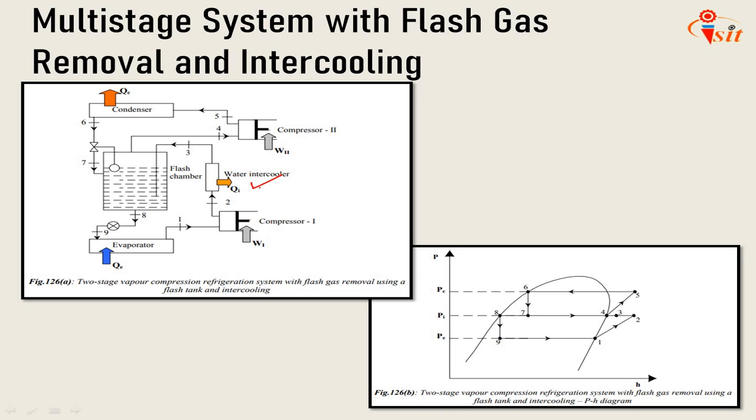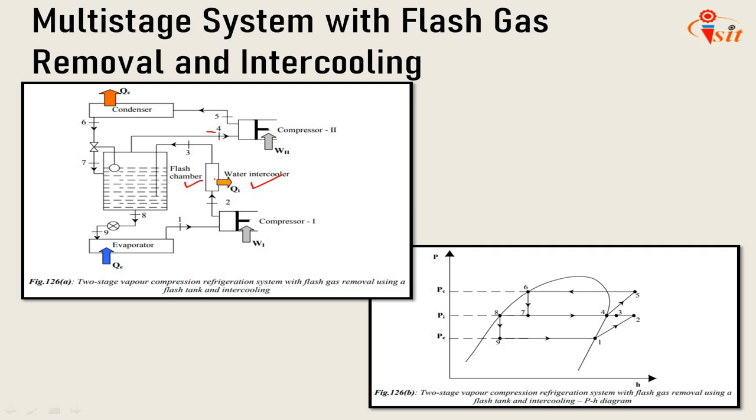So this is the water intercooler and this is the flash chamber. It is assumed that in this process the superheated refrigerant vapor gets completely desuperheated and emerges out as a saturated vapor at point 4. So here it is.